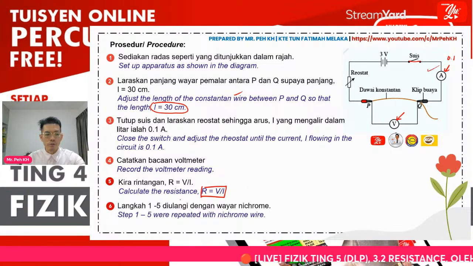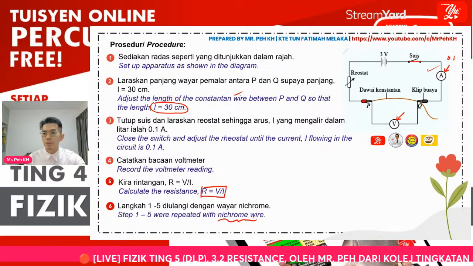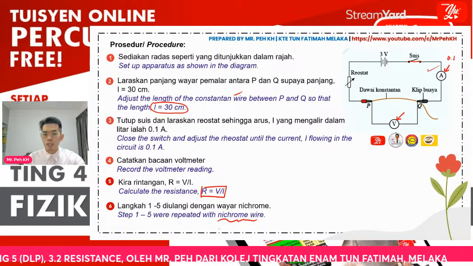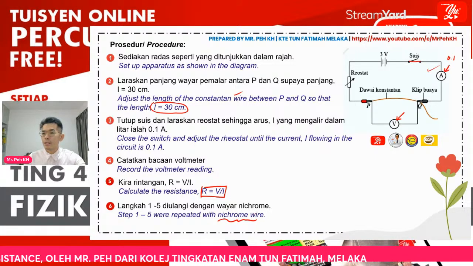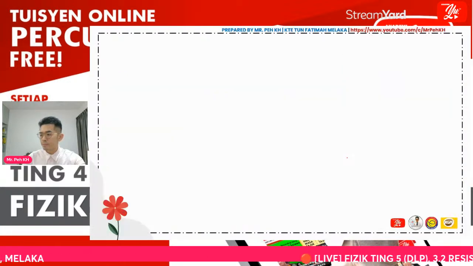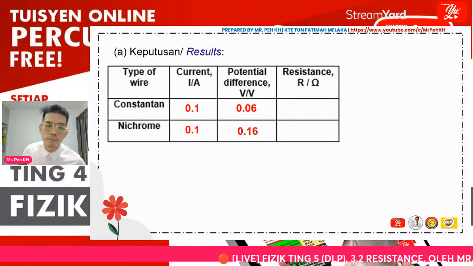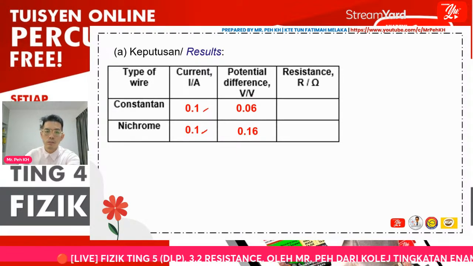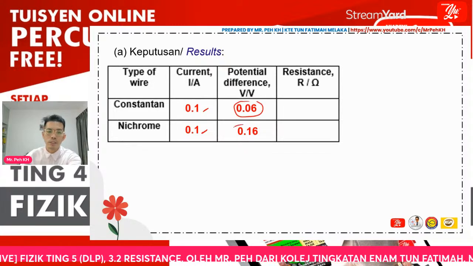Then repeat steps 1 to 5 by using nichrome wire. So here we just study two different types of wire. The nichrome wire actually has higher resistivity compared to constantan wire. Let's go together with the graph I showed you just now. The current flow is the same, and the potential difference here is the reading we get.